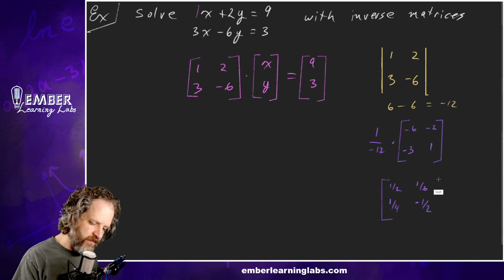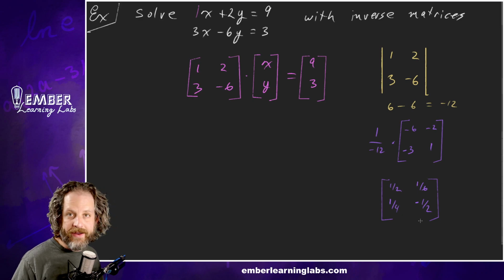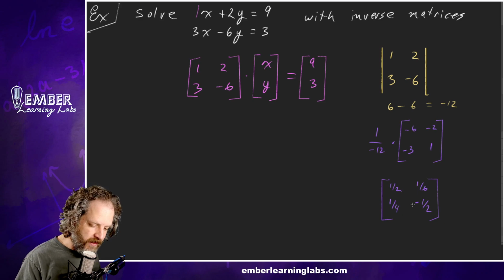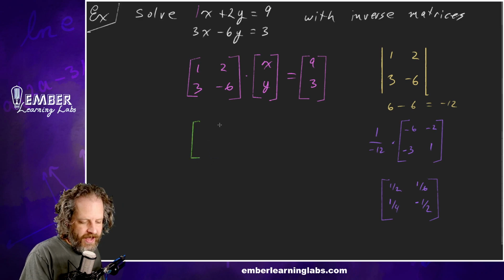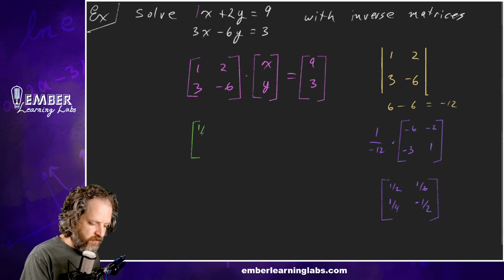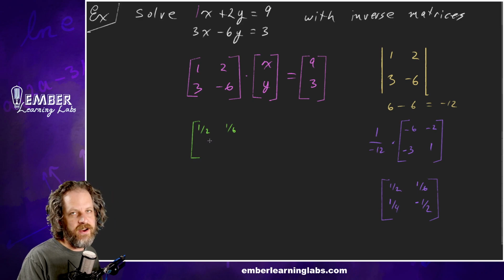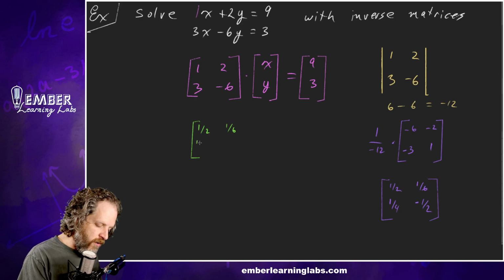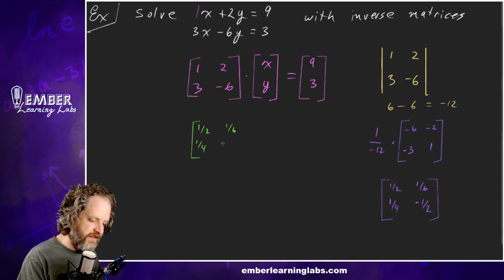Looks all good. So now, to find x and y, all we have to do is multiply this times that. The nice thing about solving a matrix this way is that it's very procedural. You always do this thing.